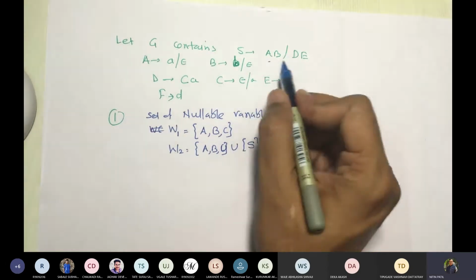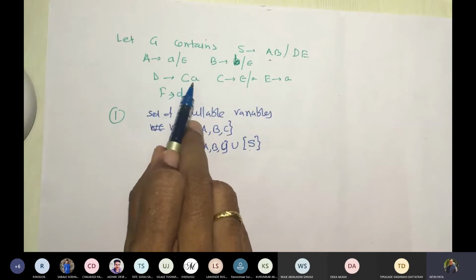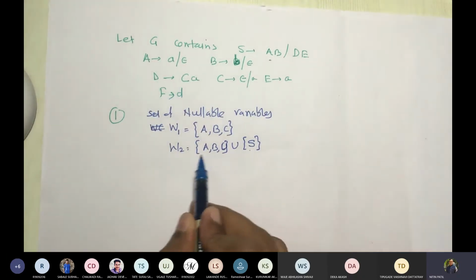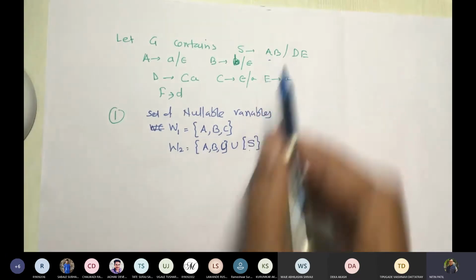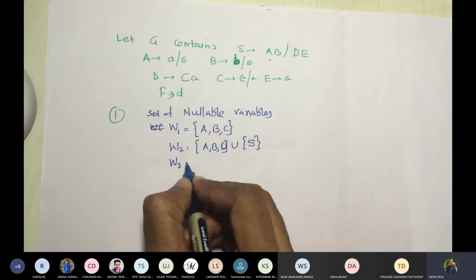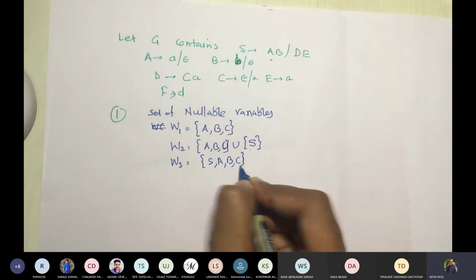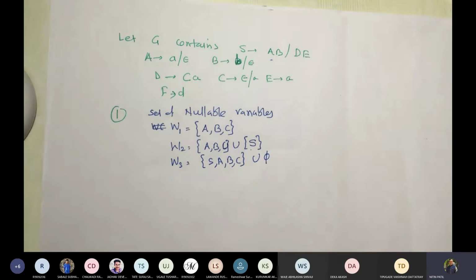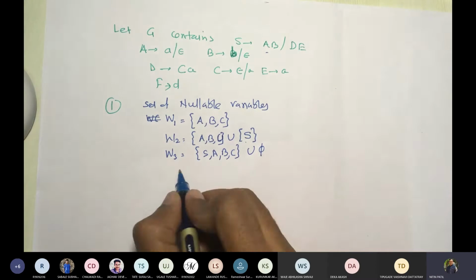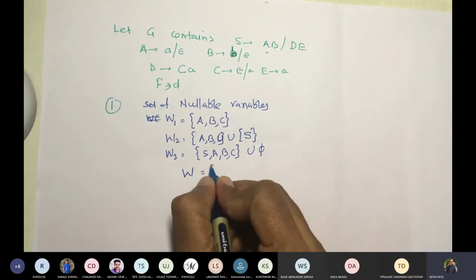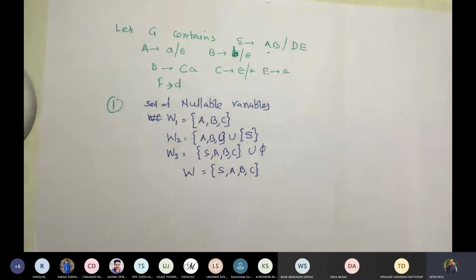Combination of these only. DE we cannot take, D is not part of here. C is on the right side, but there is A, so we cannot say epsilon, because we want only a combination of these. So W2 would be S, A, B, C union W1. Correct? Fine. So now nullable variables is done. So W would be S, A, B, C.